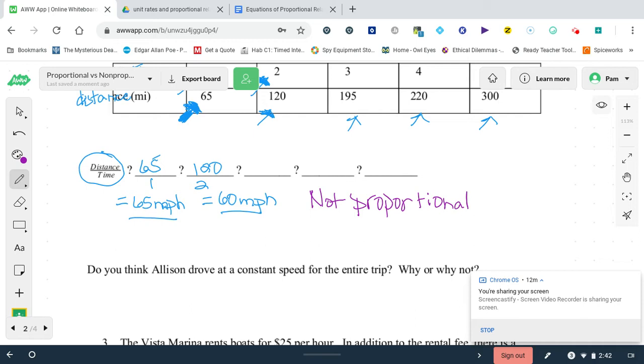And why is it not proportional? I'm going to put BC for because the ratios are not constant, which basically means that they are not the same.